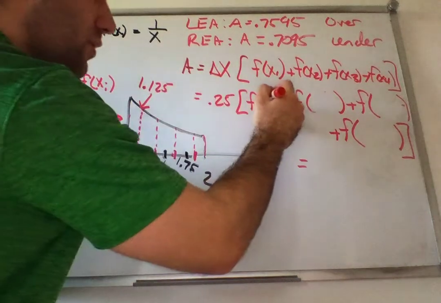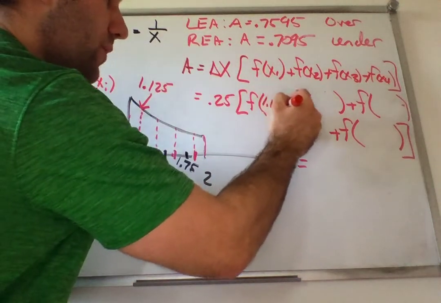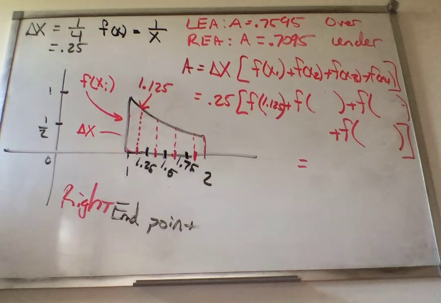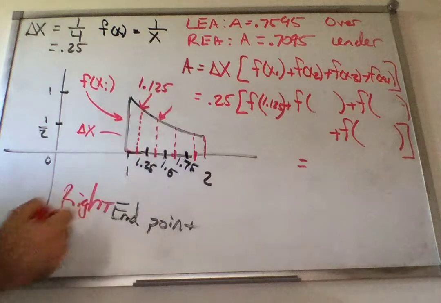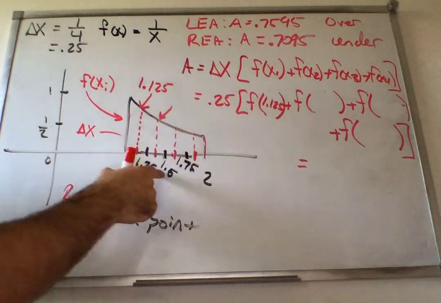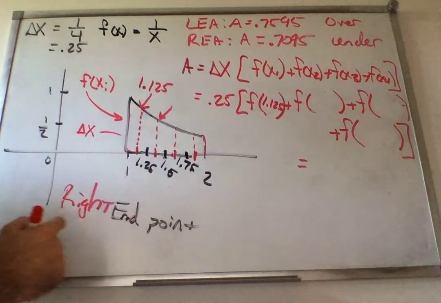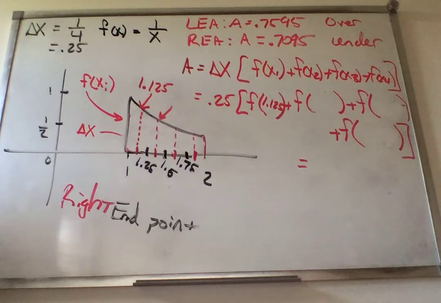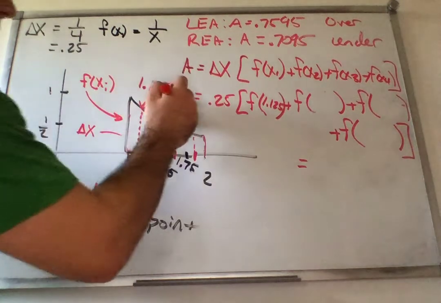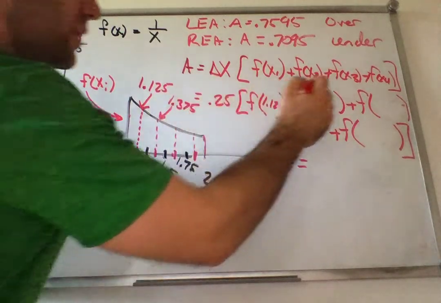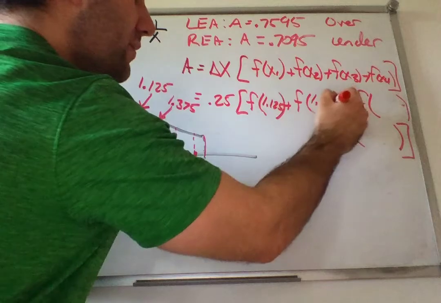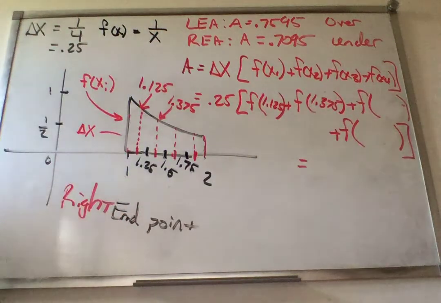So that's what's going to go in here, 1.125 for the midpoint approximation. Now for this one, you could do the same thing. 1.5 plus 1.25 is 2.75. 2.75 divided by 2 is 1.375. So 1.375 is the height of the next rectangle.